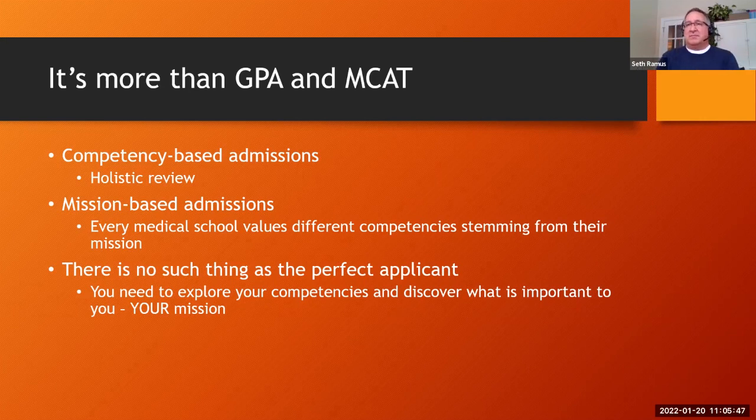This year, I have students with grades that are over a 3.9, MCATs over a 520, who have no offers of admission. I have a student with a 3.29 and a 504 MCAT who's been accepted.